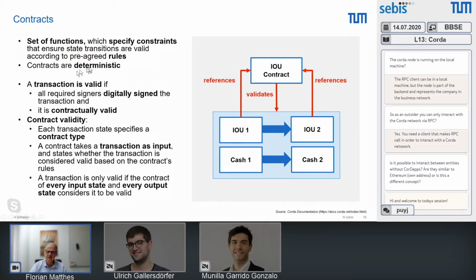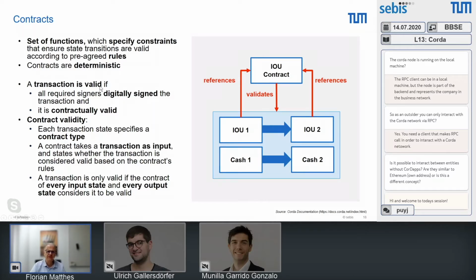Contracts are deterministic, so they only depend on the inputs and outputs, and potentially global variables which have to be immutable, so that the order of the execution of these functions is not important. So I think that's the important point.